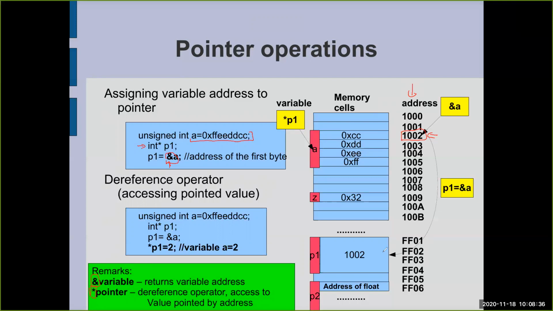So 1002 is written into this area of memory, so it is assigned to P1. Now the value of P1 is 1002.